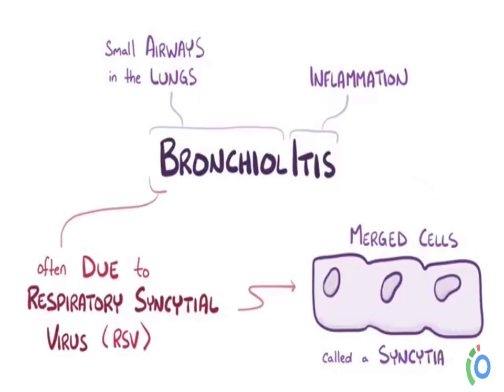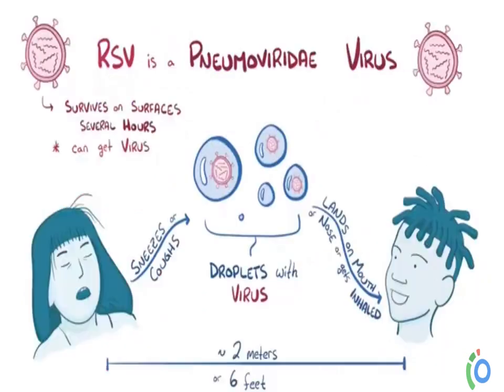So the name of the virus is respiratory syncytial virus. It is a Pneumoviridae virus. The virus passes through sneezing and coughs, traveling about 2 meters to land on another person.